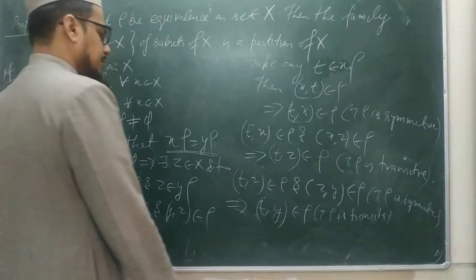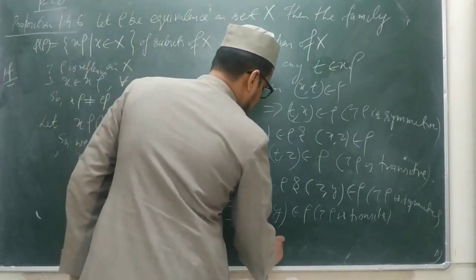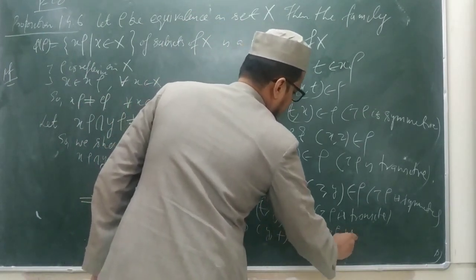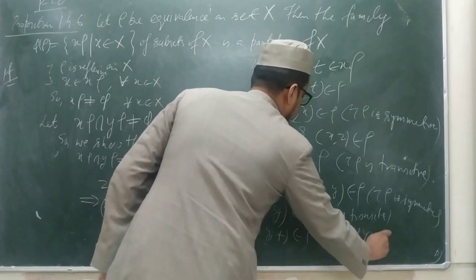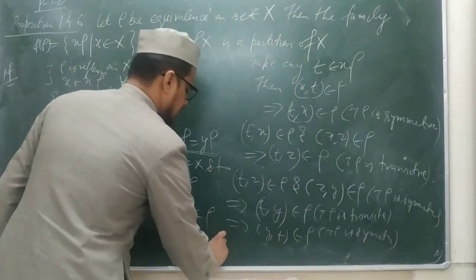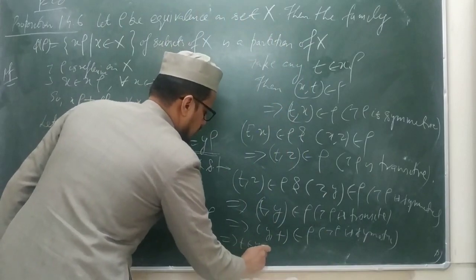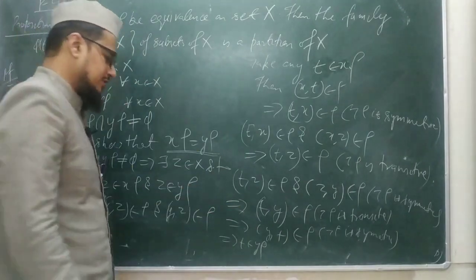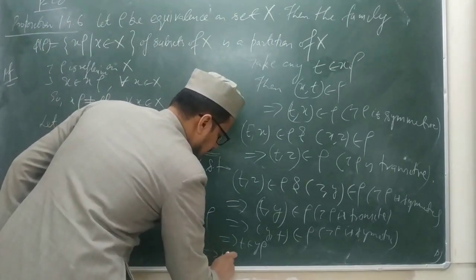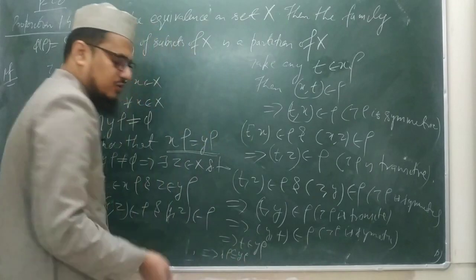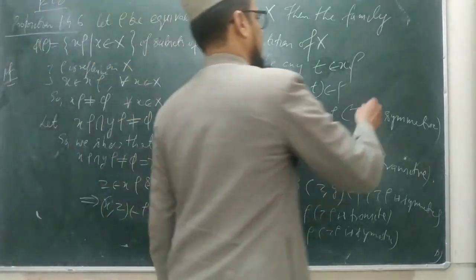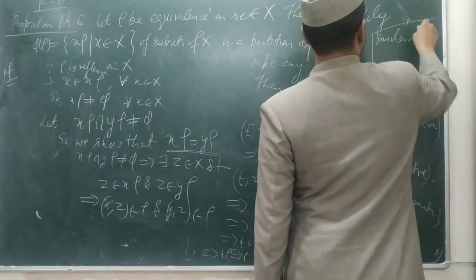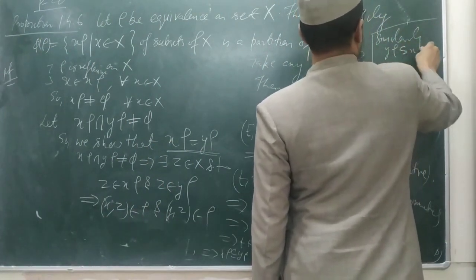Is it clear? It implies that (y, t) belongs to rho since rho is symmetric. So t belongs to y row. So we have taken an element in x row and shown that it goes in y row. It implies that x row is contained in y row. Similarly, y row is contained in x row.